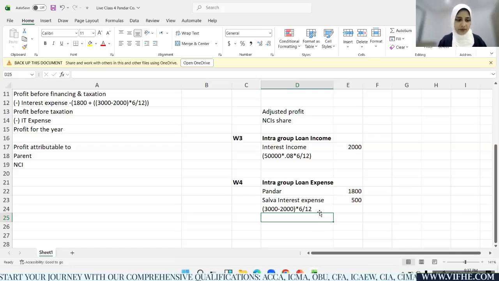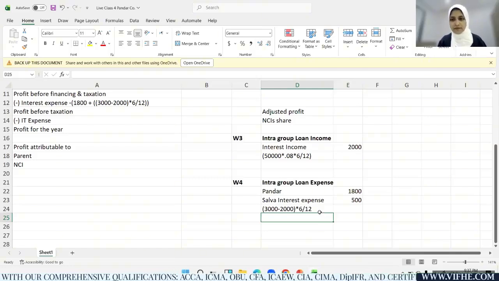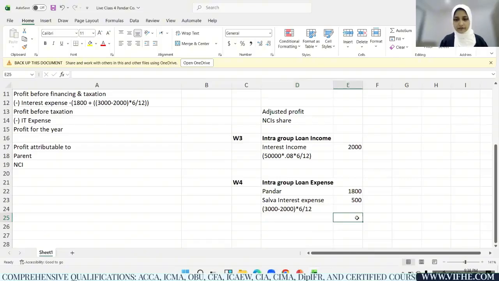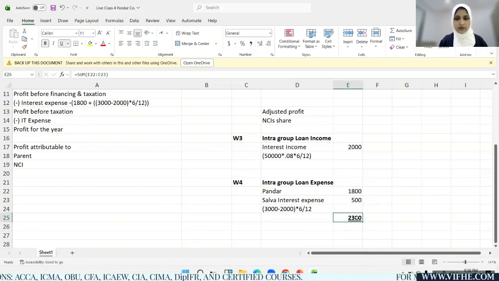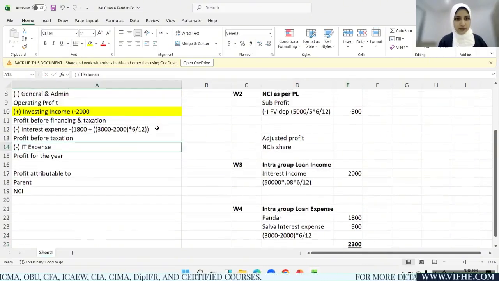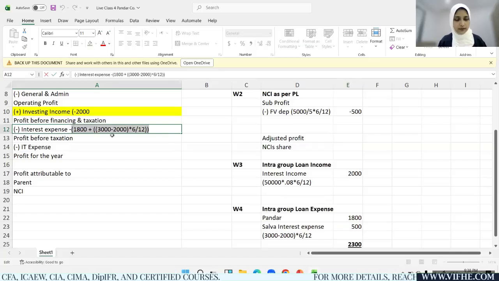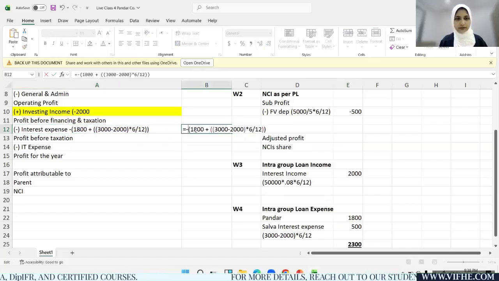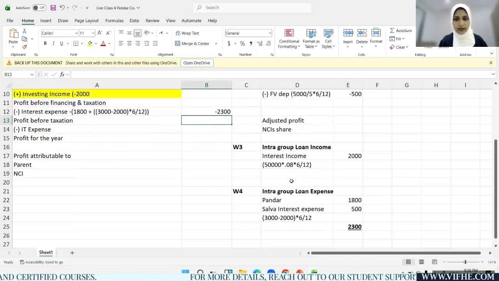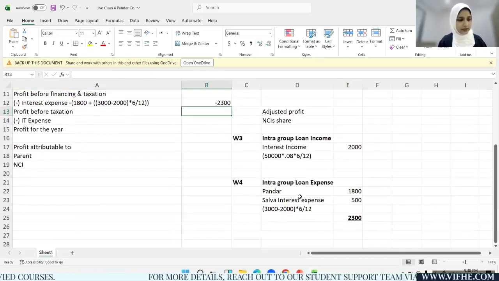So this is fine. So this much is my interest expense that should be visible over here. Let's see if I'm getting that much. Yeah, I'm absolutely getting the 2,300,000.